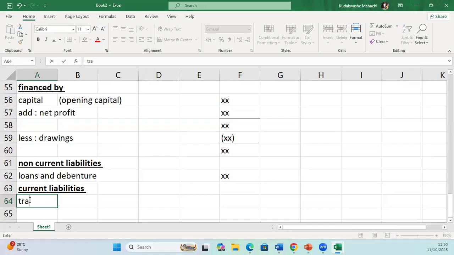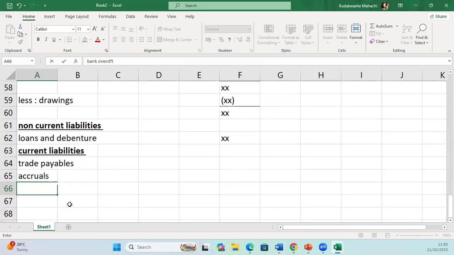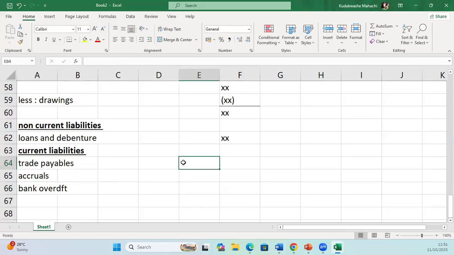We can have trade payables, we have accruals, and we can have a bank overdraft, taking more than what you have in the bank. You have to make payment before the year end. So you can sum up the current liabilities.